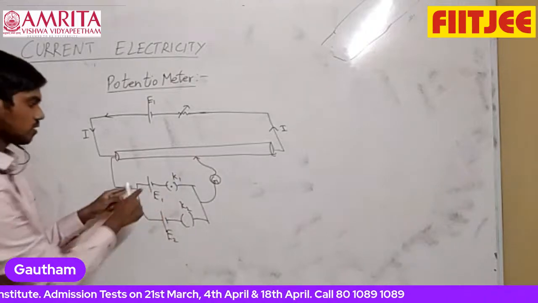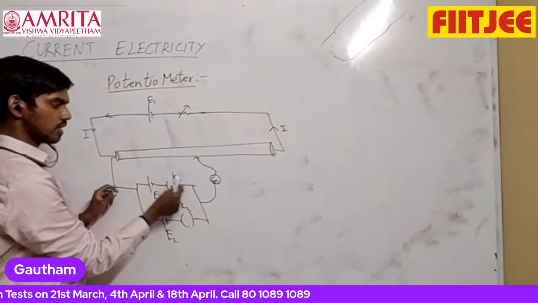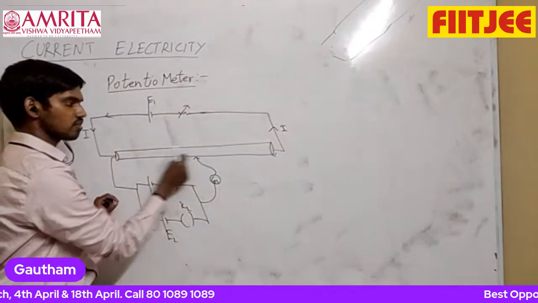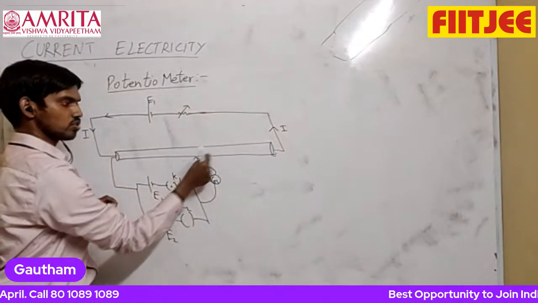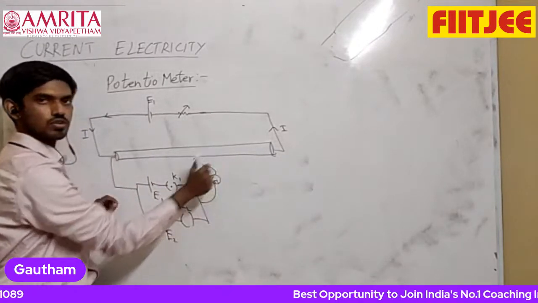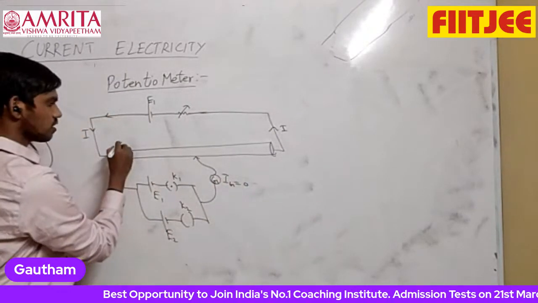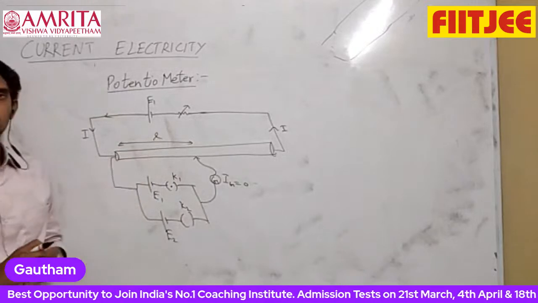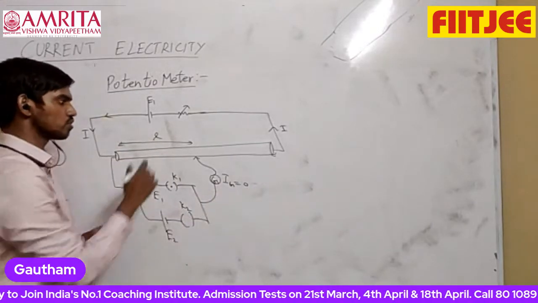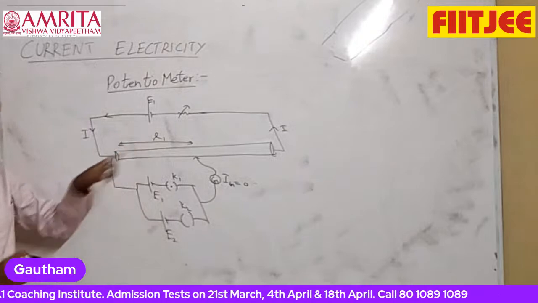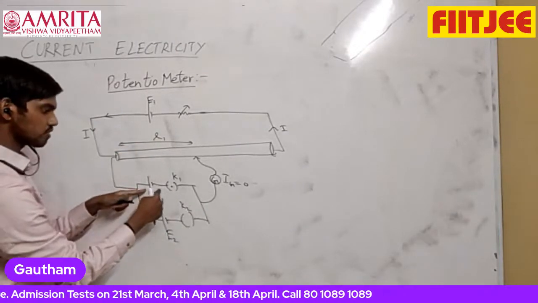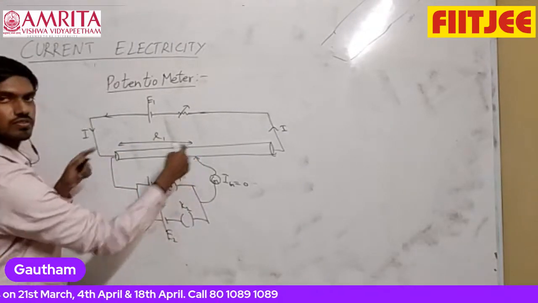So when you are connecting E1, positive terminal is connected here, negative terminal is passing through the galvanometer. Check where you keep the jockey. At one point, no current will be flowing through the galvanometer. Current through the galvanometer is 0 at one point. Check that length. So if current through the galvanometer is 0 when key 1 is connected, you will get one length L1.